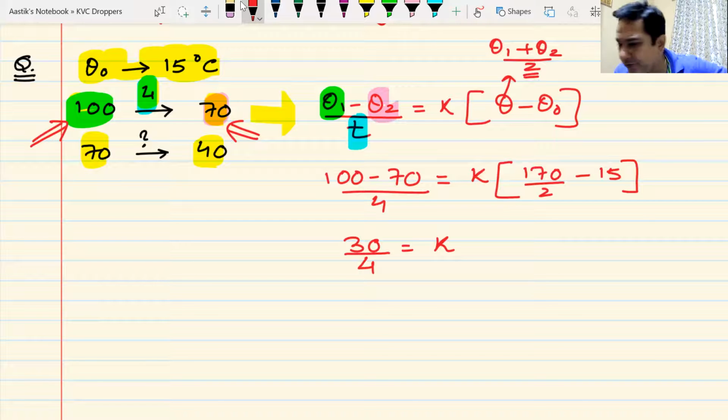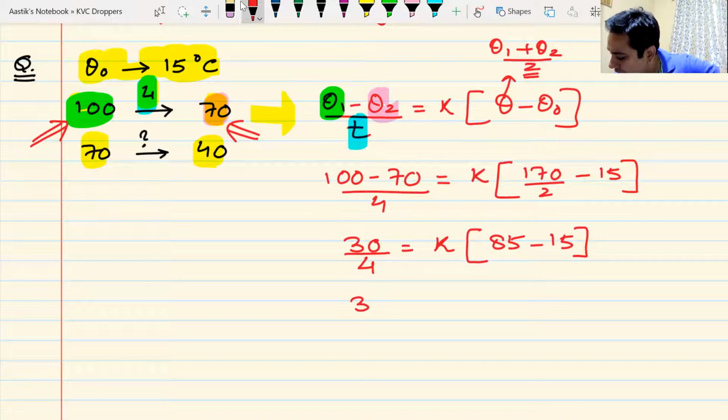Yes or no? It is 85 minus 15. How much is 85 minus 15? 30 by 4 is equal to k multiplied by 60.